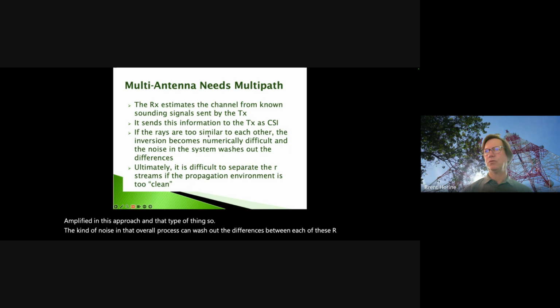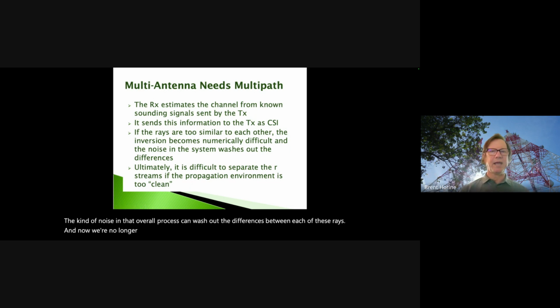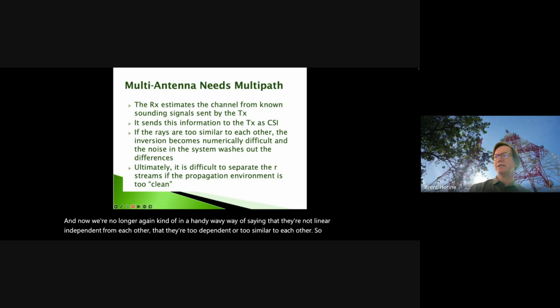And now we're no longer, in a hand-wavy way of saying it, linearly independent from each other; they're too dependent, or too similar to each other. So ultimately, it is difficult to separate out the R different streams if the propagation environment is too clean.